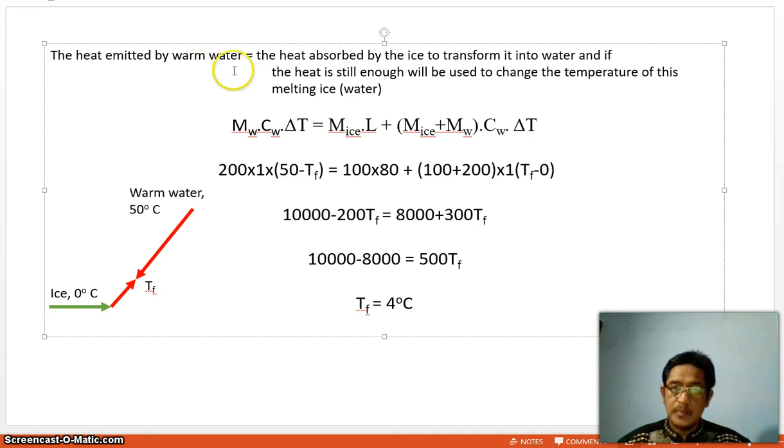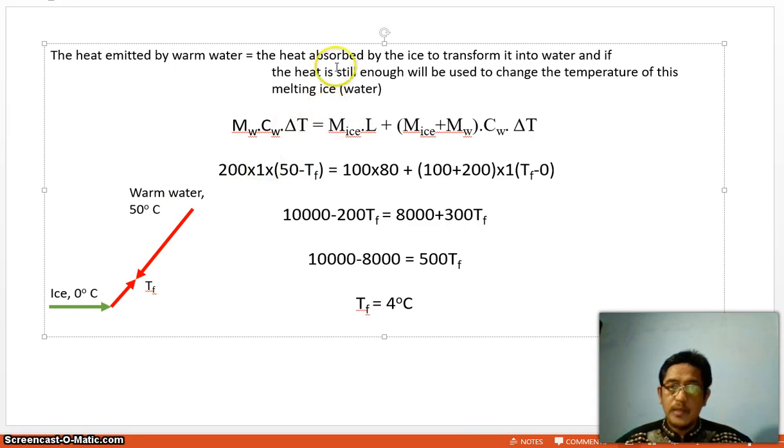The heat emitted by the warm water is the mass of the water times the specific heat of the water times the change of temperature of the warm water: 200 times c of water, which is 1 calorie per gram, times the change of temperature, 50 minus Tf.